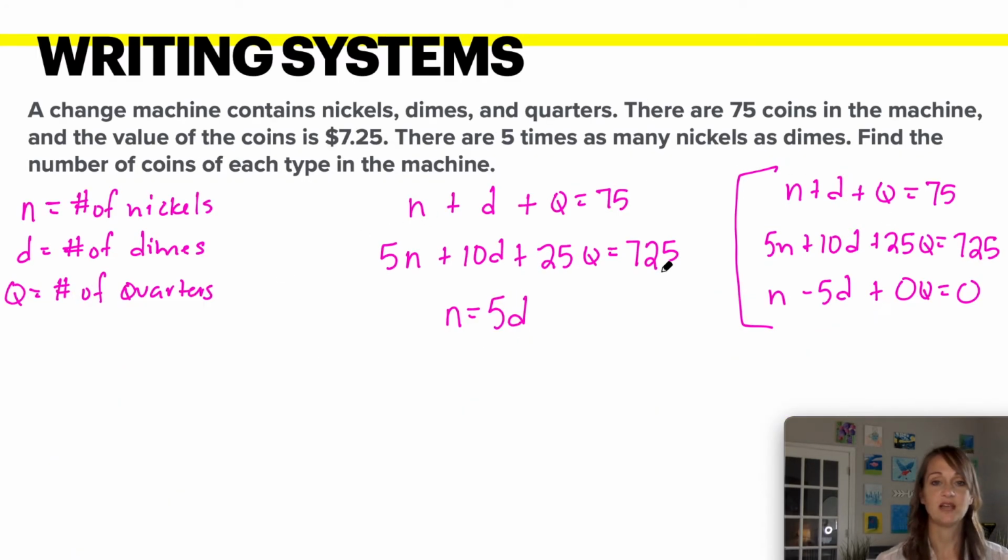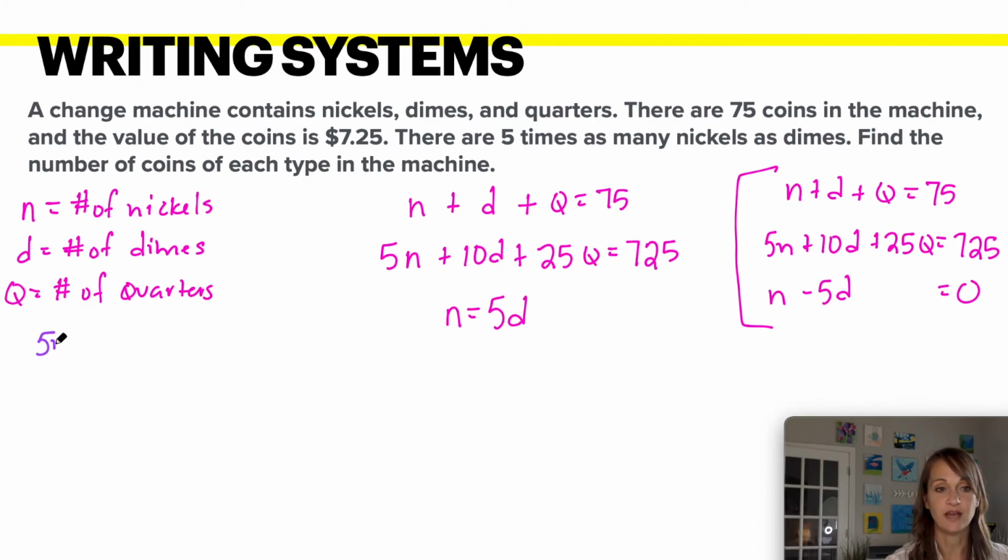Next, nickels and dimes. I'm going to go back and eliminate anything that had a 0. Now I need to eliminate something. I'm going to take the second and the third equation and eliminate the d by multiplying the third equation by 2, because 2 times 5 will give me a negative 10.